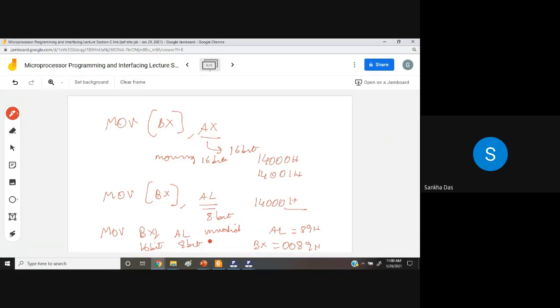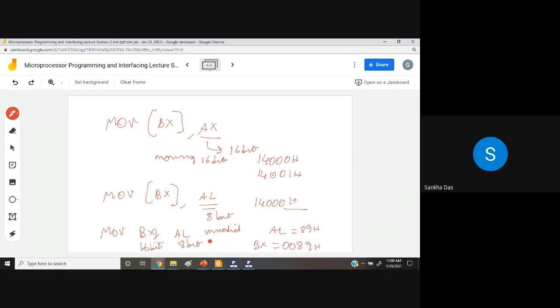There are certain other instructions which can make it valid, something like MOVZX. MOVZX BX, AL is a valid instruction. However, MOVZX is not available in all processors. It is available, I think, in 80286 and above. It is not available in 8086 as such. So that is why we will avoid this situation.